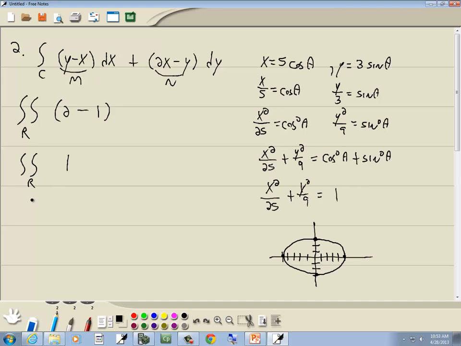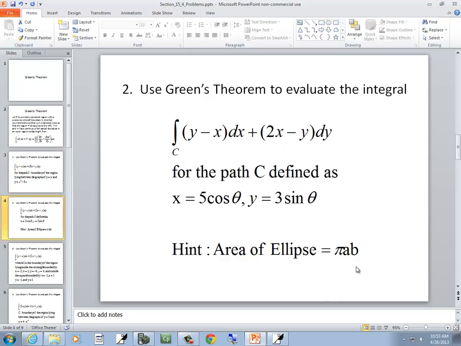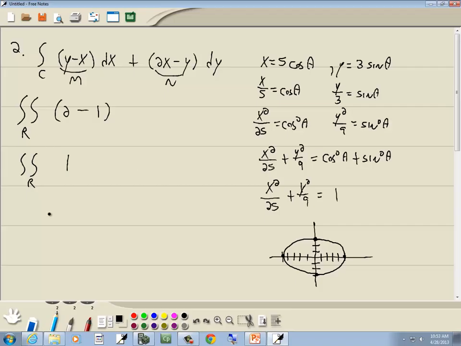Well, again, I had to look this up. The area of an ellipse is pi AB. I'm not sure if we ever do cover that in trig. Now A and B come from these right here. I don't remember which one's A and which one's B, to be honest with you, but you take the square root of them.